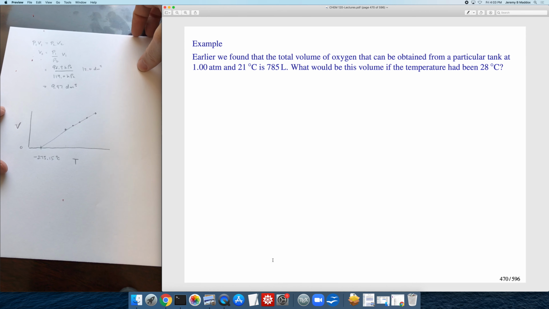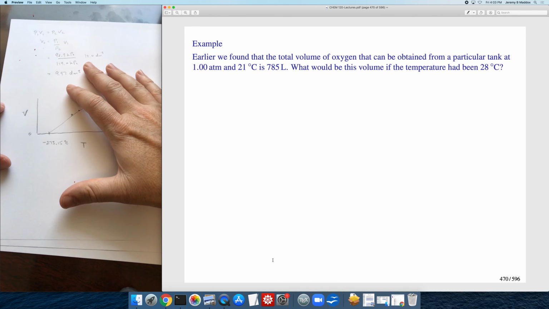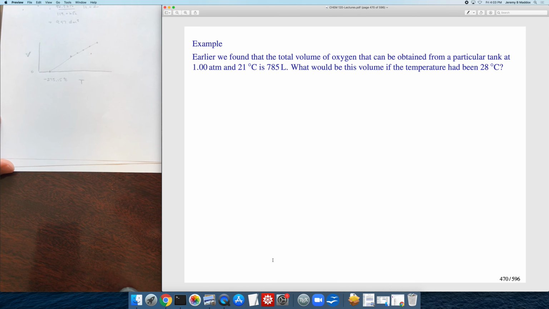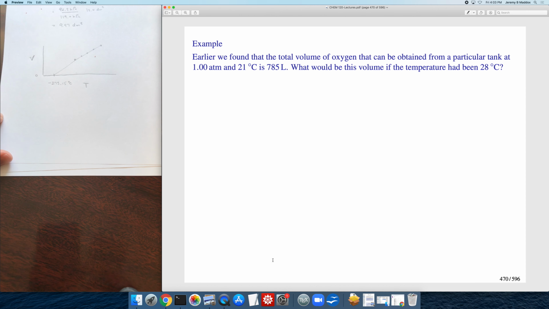And so here's an example of that. We have a sample of gas that's at 1 atmosphere and 21 degrees Celsius, and its volume is 785 liters. What would be the volume if this temperature had been 28 degrees Celsius?